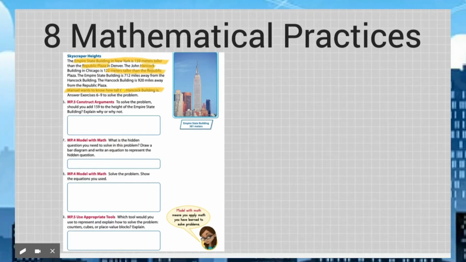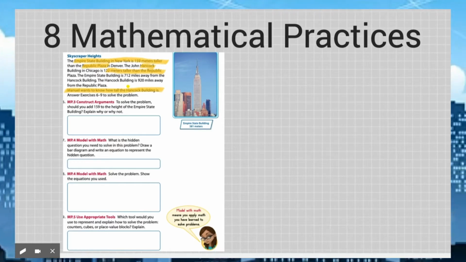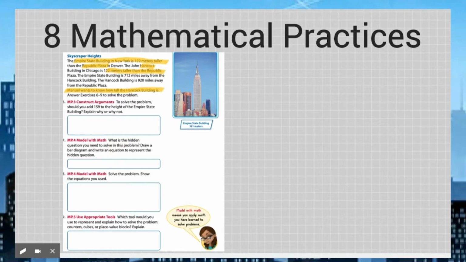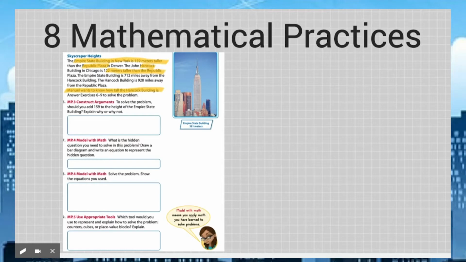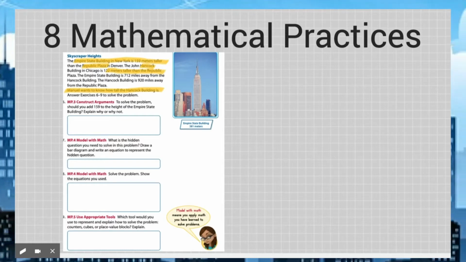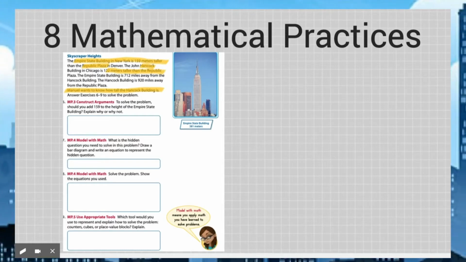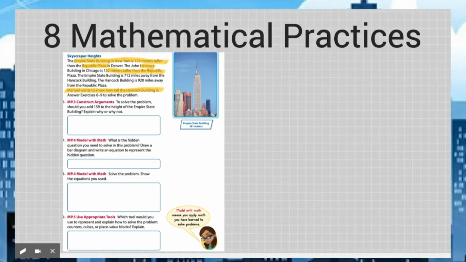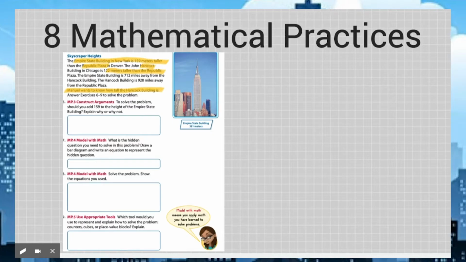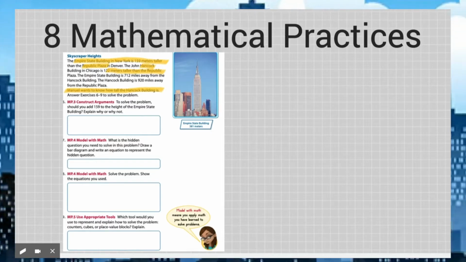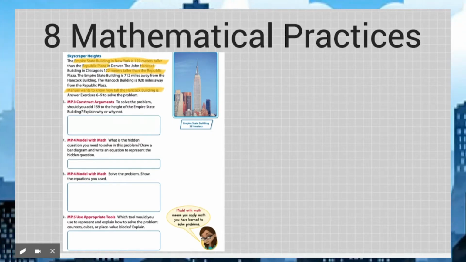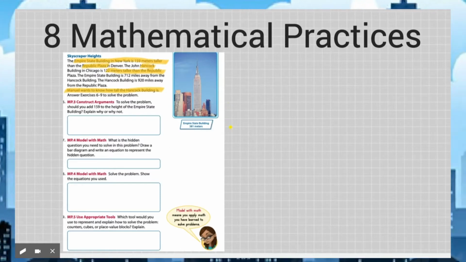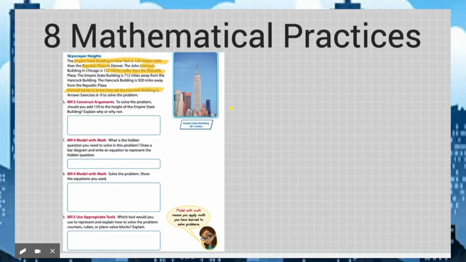In the problem here, it doesn't really tell us how tall the Empire State Building is. But there are some other features of this problem that give us that answer. Can anyone see where that information may be located? If you are looking at the picture, you will see the information.